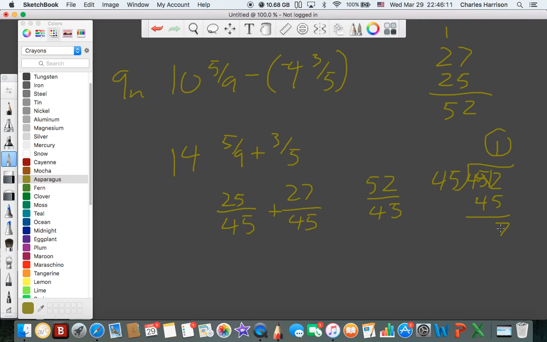So the answer is 1 with a remainder of 7. So we add that to the 14, so that turns into 15, and then 7 over 45. And we can't reduce it any farther than that, and so that is the answer for 9n.